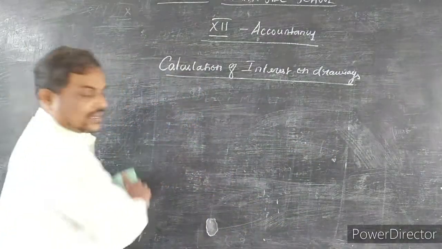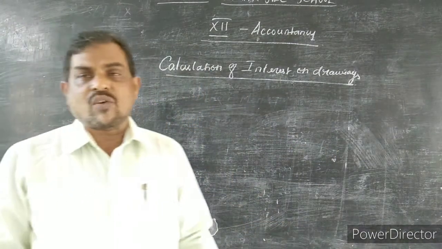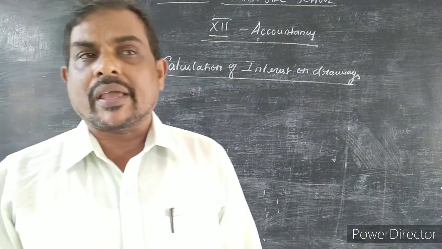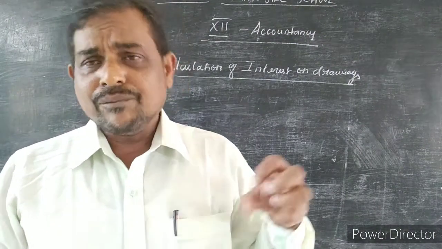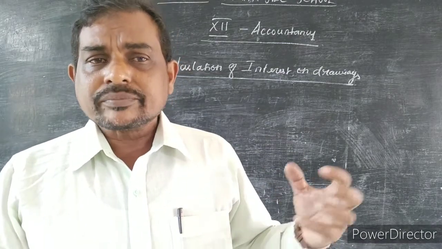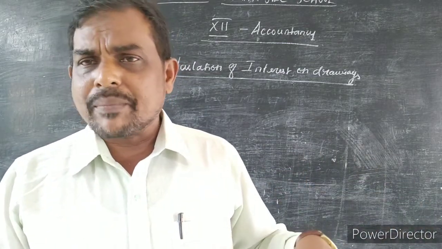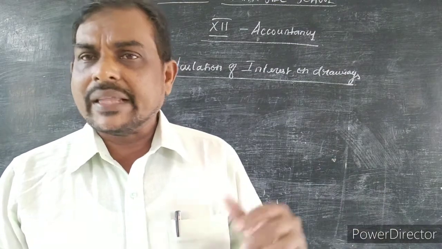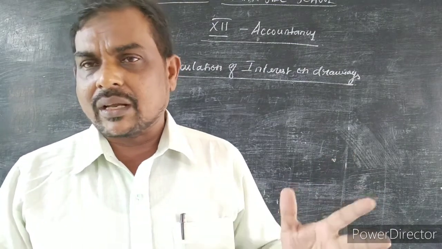Very, very important. Listen, my dear students, I have already told you interest on drawings is income for the business, because the partners may take some amount from the business from their capital for their personal use. That is called drawings.